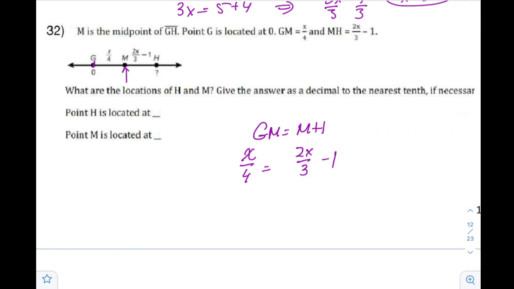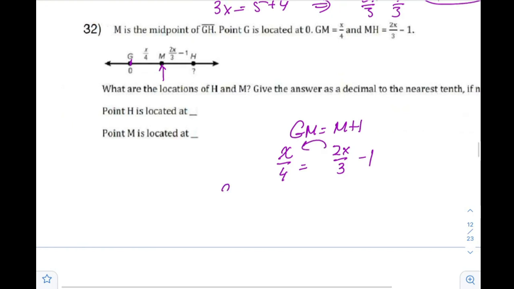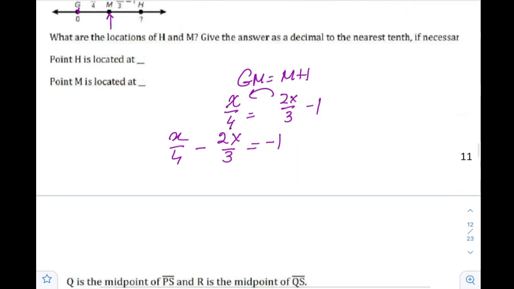What can we do? So we can subtract. We can say x over 4 minus 2x over 3 equals minus 1. Since you have a calculator, you can subtract 1 over 4 minus 2 over 3. So this gives us negative 5 over 12 x equals minus 1.